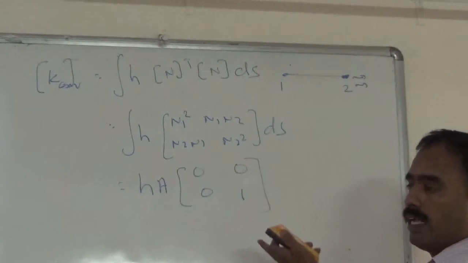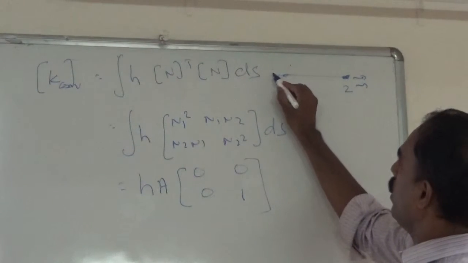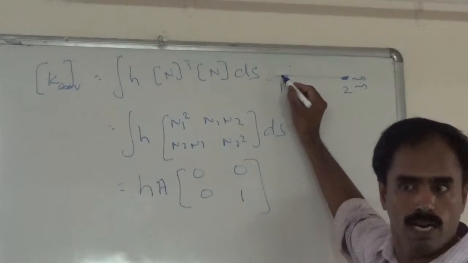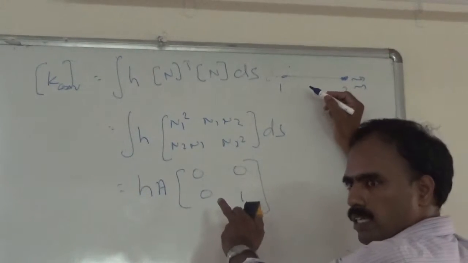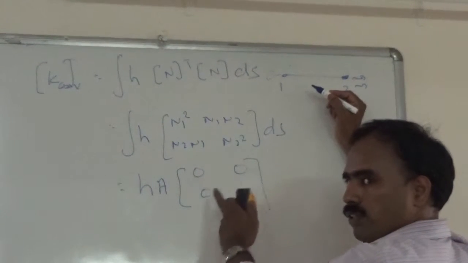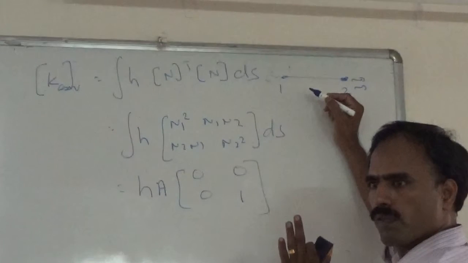It is also possible to have convection at node 1. For node number 1, we make a small change here: 1, 0, 0, 0.